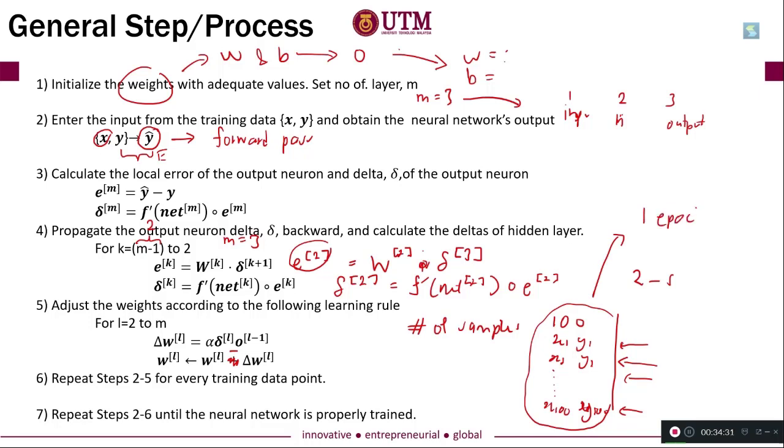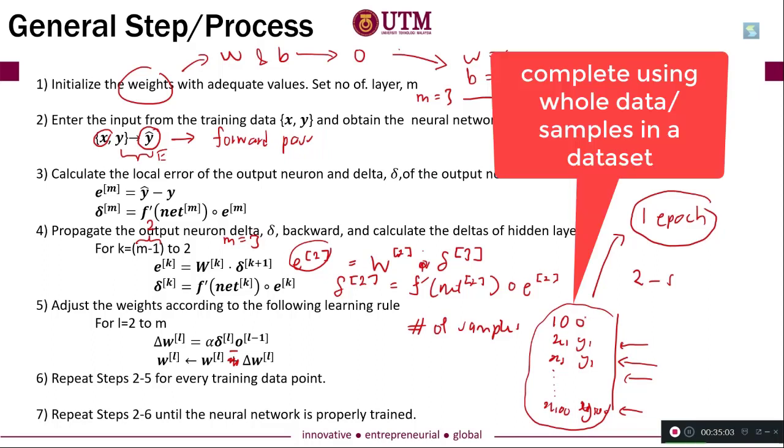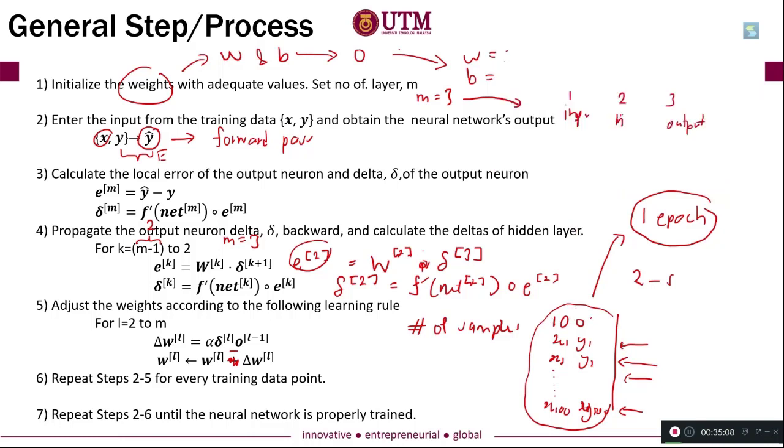Please take serious note of this. What is the meaning of one epoch? One epoch is when, in training, you have completed the whole data set. Because your data set is 100, you need to repeat step 3 to step 5 100 times. Once you finish those 100 times, it is called one epoch.